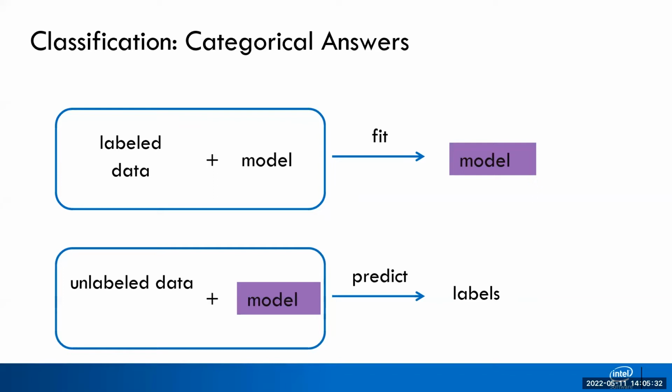And for classification, it's something similar. We have discrete label data, and we have a model for which we are going to fit the parameters. Then similarly, we use the unlabeled data and predict with the model after it is fitted with the parameters.